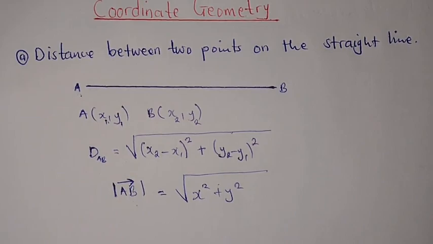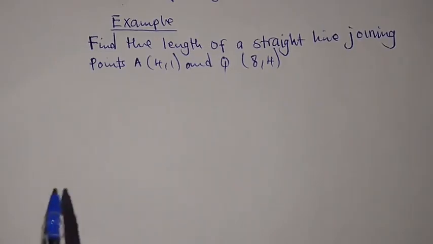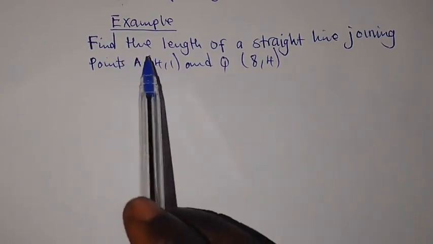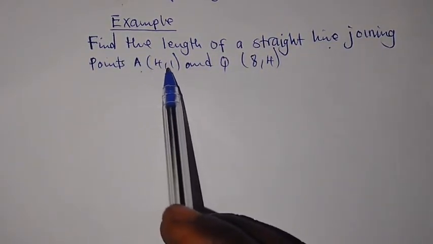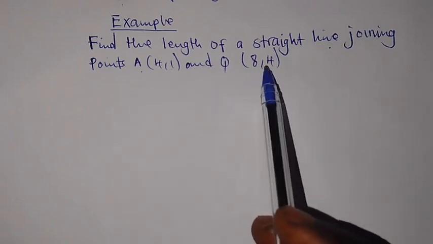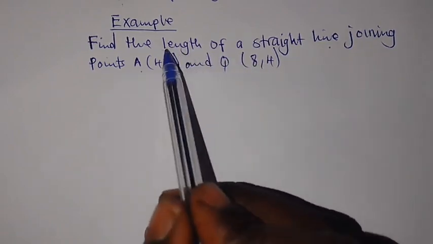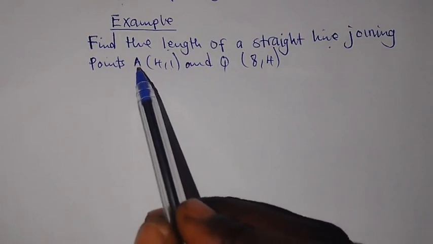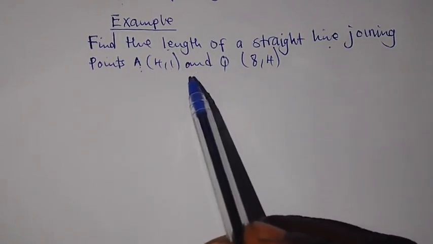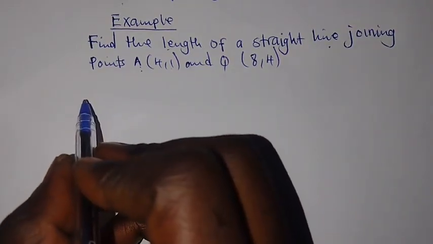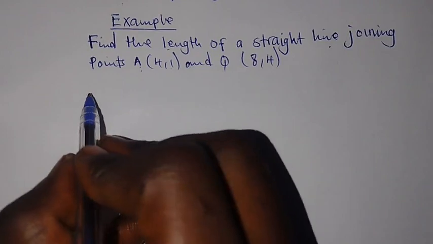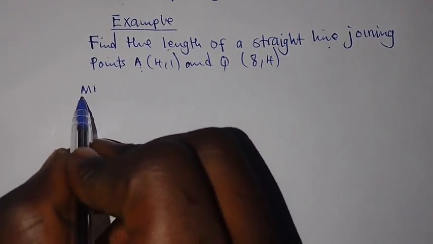Let's look at an example. Here is our first example. Find the length of a straight line joining the points A(4,1) and Q(8,4). They want us to find the length, which is the distance between point A and Q. You must be able to recall the formula. You can use formula 1 or formula 2. We're going to start with method 1.